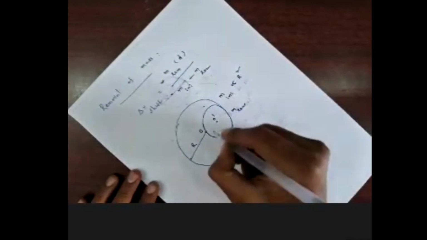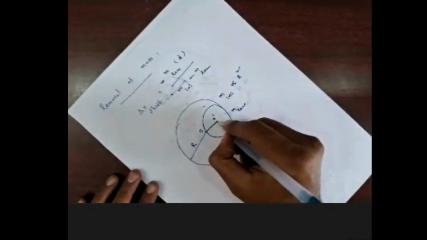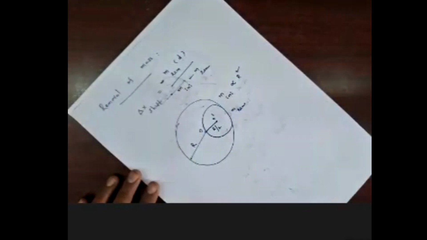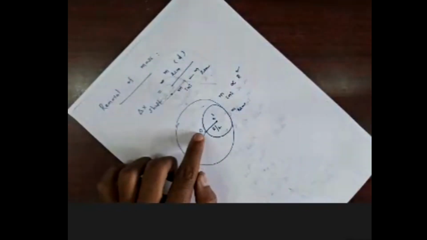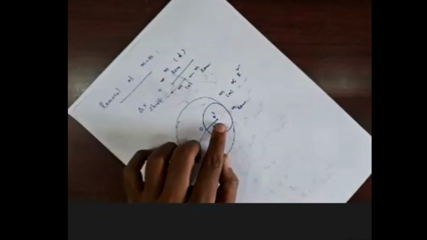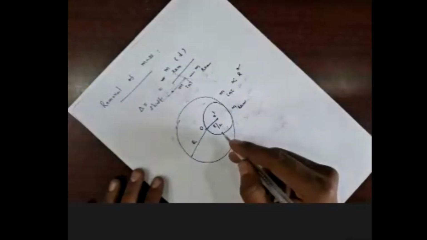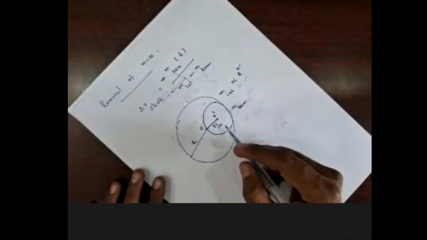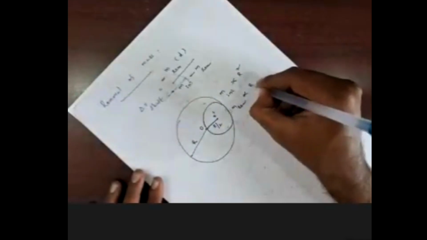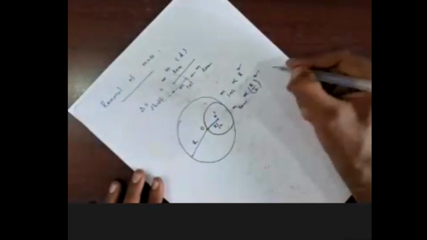The radius of this small circular plate is r by 2. O is the center of mass of the initial part before removing, and O dash is the center of mass of the removed part. The distance between O and O dash is r by 2. Why? Because in the problem, generally they mention r by 2. Then M removed is proportional to (r by 2) whole square.